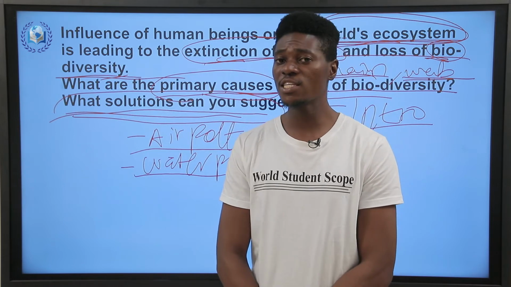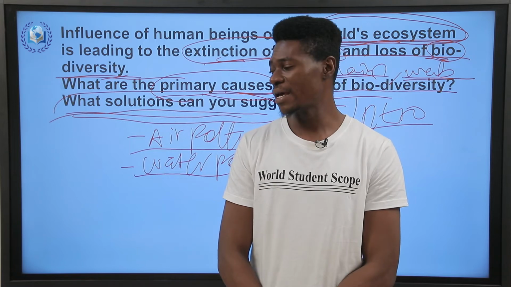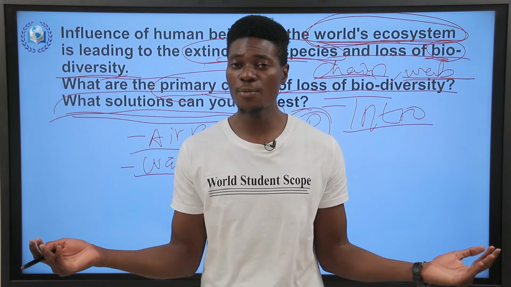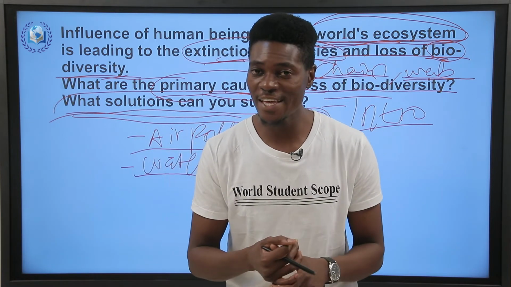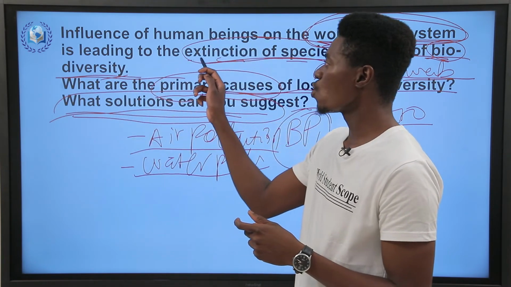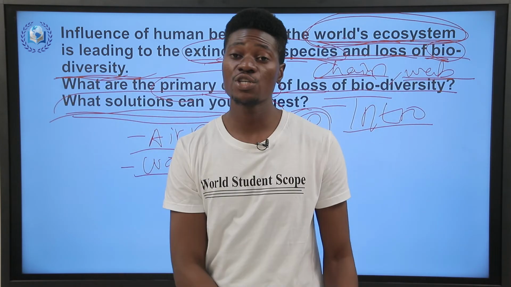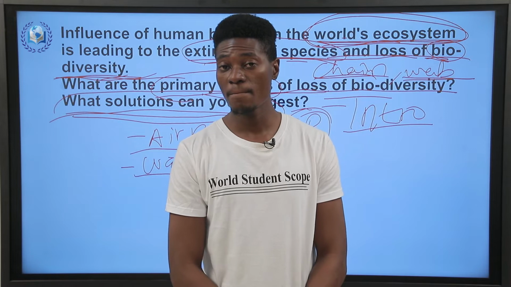If you contaminate water, it affects living organisms or aquatic animals. And after that, aquatic animals can lose their life. And if aquatic animals lose their life, now we have the extinction of species and loss of biodiversity, which is caused by human beings.